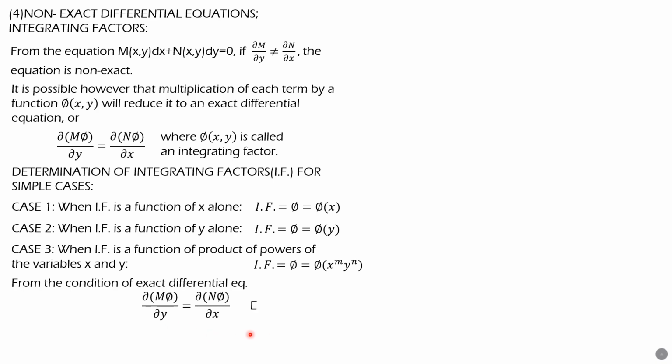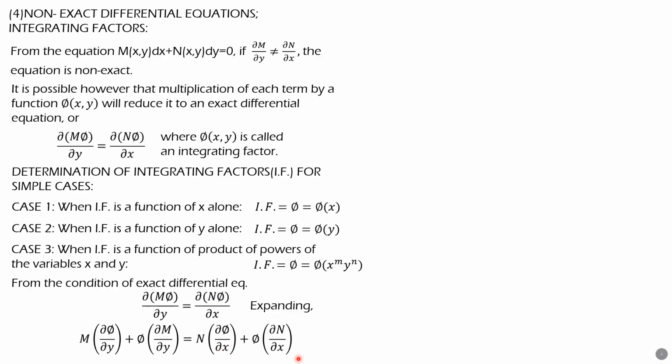So expanding, we have partial derivative with respect to y of M times P. So this is equal to M times partial derivative of P with respect to y plus P times partial derivative of M with respect to y, equals N partial derivative of P with respect to x plus P partial derivative of N with respect to x.